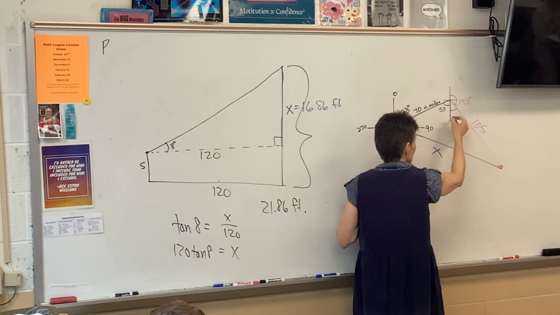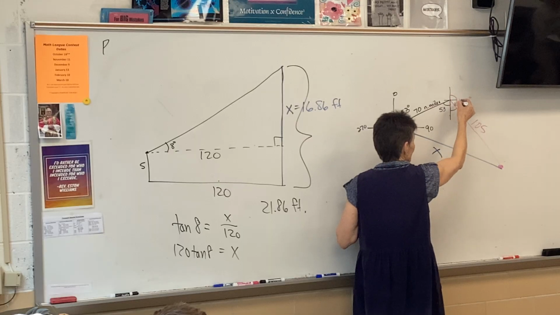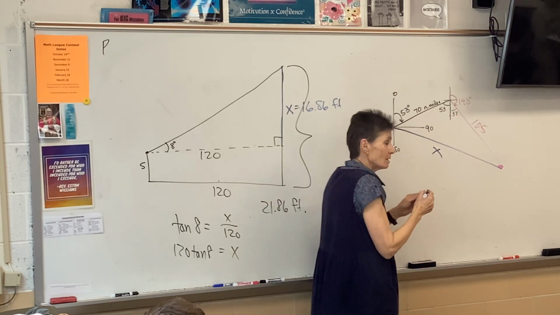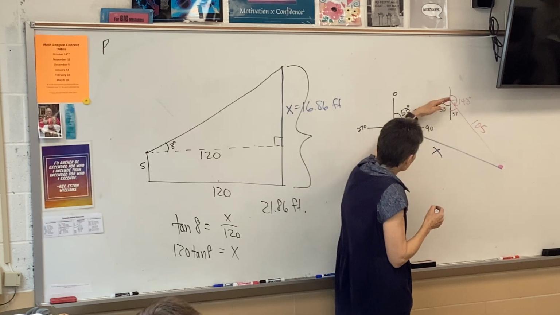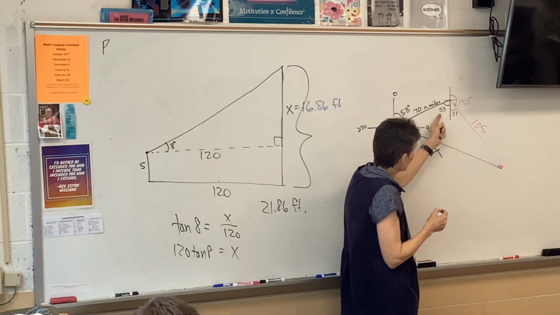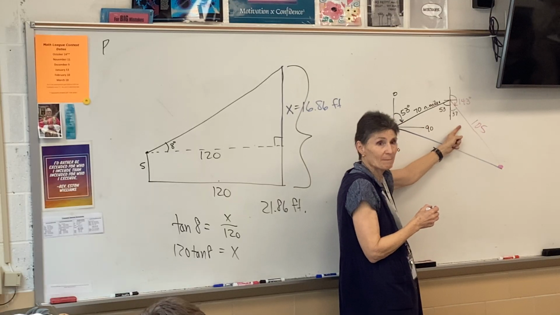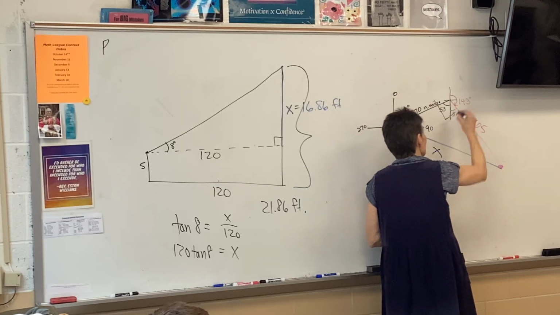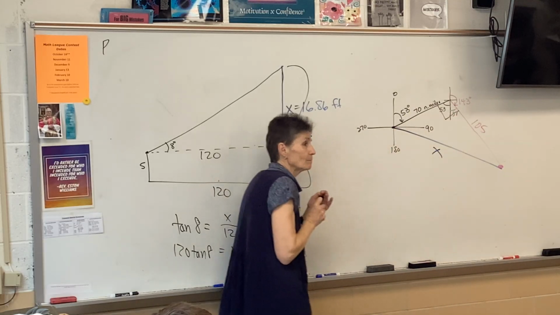Of the whole thing, this is 180. This much of it's 143. What would this much of it be? 37? So this angle right here between black and pink is 53 and 37. What does that make? 90. There's your right angle. There's your right triangle.